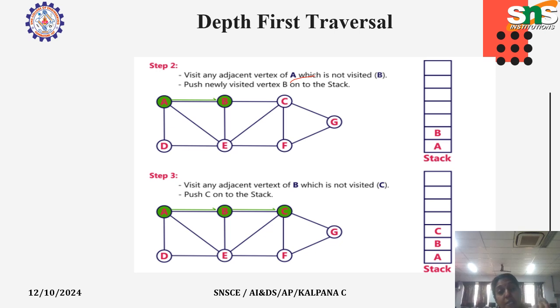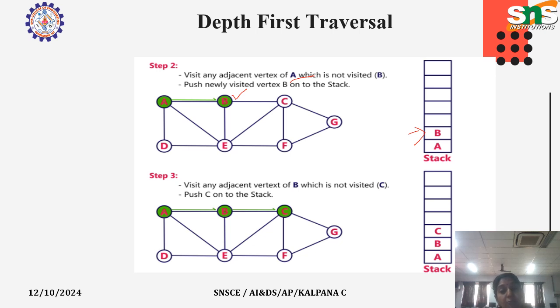This is the difference between depth first and breadth first traversal. In breadth first traversal, we find all the adjacent vertices, and here we find only one adjacent vertex of A. The adjacent vertices of A are B, E and D, but we have chosen B. So insert that into the stack.